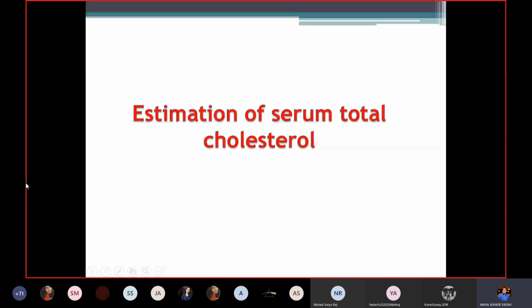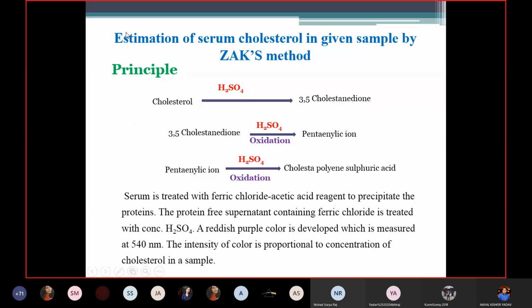Last one is the estimation of serum total cholesterol. In this also you have to mention the experiment name and the clinical significance. Estimation of serum total cholesterol in the given sample by Zak's method.